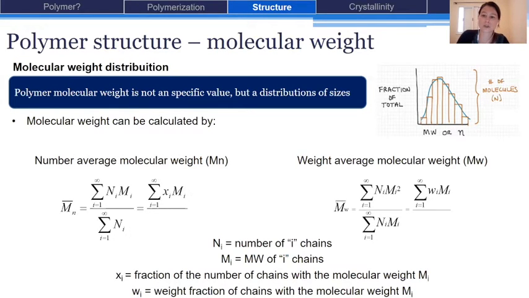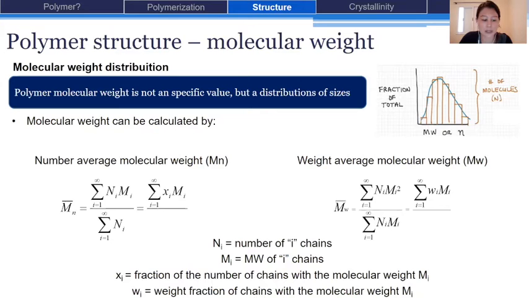So first of all, let's see this graphic that represents the fraction of the total number of chains that possess a specific molecular weight. So you have this Gaussian that represents this distribution. In that case, what we will do is separate this distribution into small ranges of molecular weight.